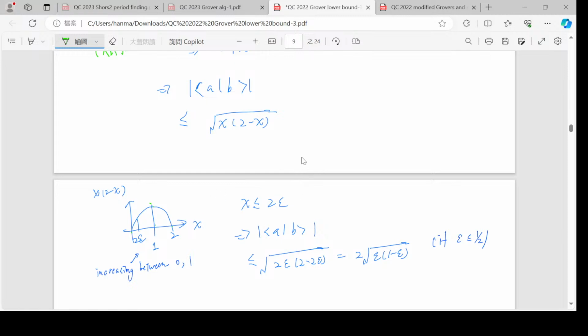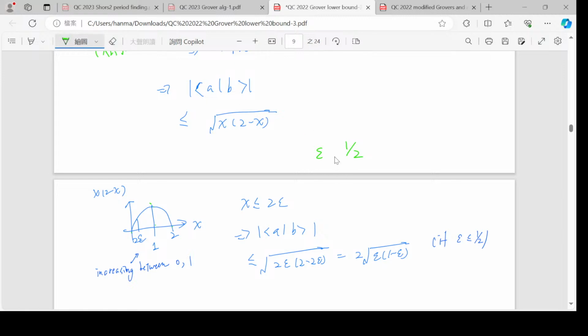And we said epsilon is less than or equal to 1/2, so 2 epsilon is on this side, on the increasing side. So the value with x at most 2 epsilon will be smaller than just putting 2 epsilon in as x.